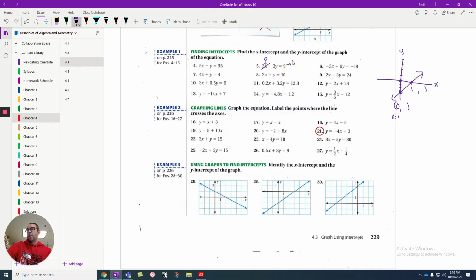And if I take the equation negative 3y equals 9, and I want to solve for y, I am going to divide by whatever's next to y. And in this case, that's a negative 3. So if I divide by negative 3, y will equal negative 3. So the first point that's on that line is at 0, negative 3.